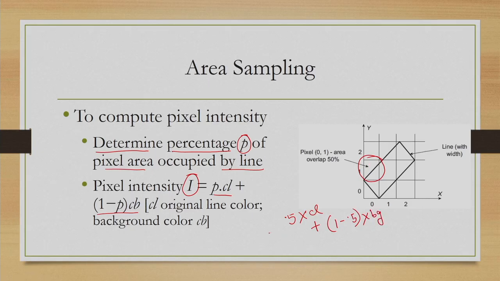That will be the color of this particular pixel 01 in the figure. Note that earlier we simply assigned the line color to this pixel, but here we are considering how much of the area is occupied by the line, and then accordingly we are changing the color. This is one approach.